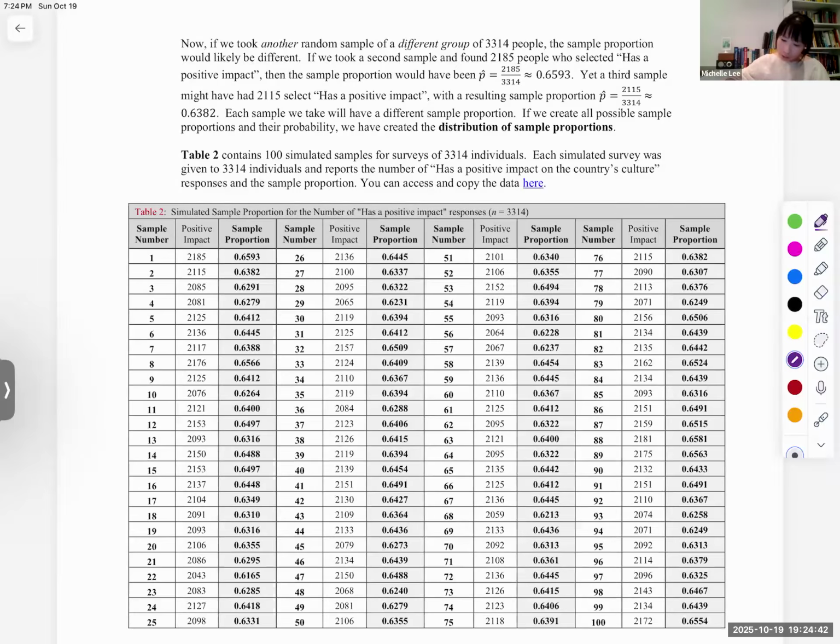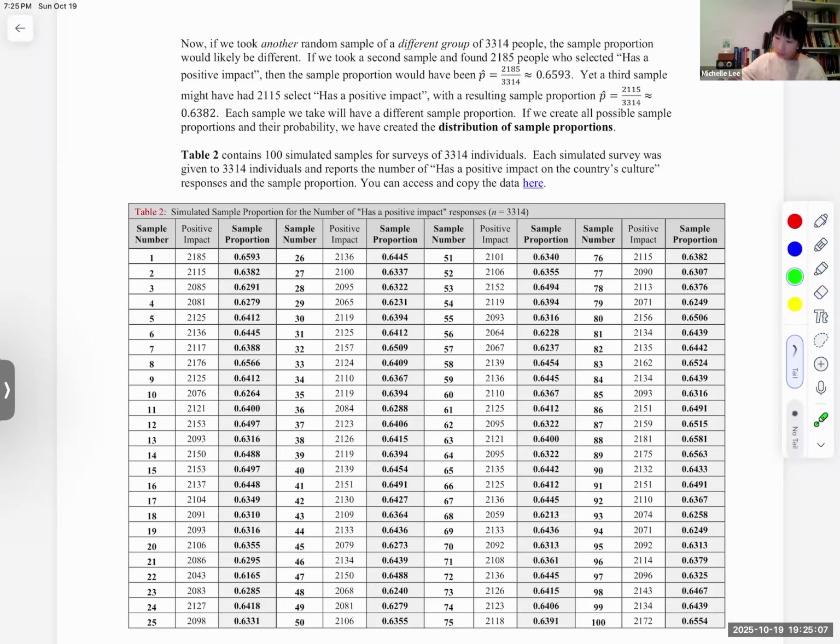So we have a distribution of sample proportions here. Like earlier, where we had n equal to 10 for a sample mean and then got 100 of them, now we have a sampling distribution of sample proportions.